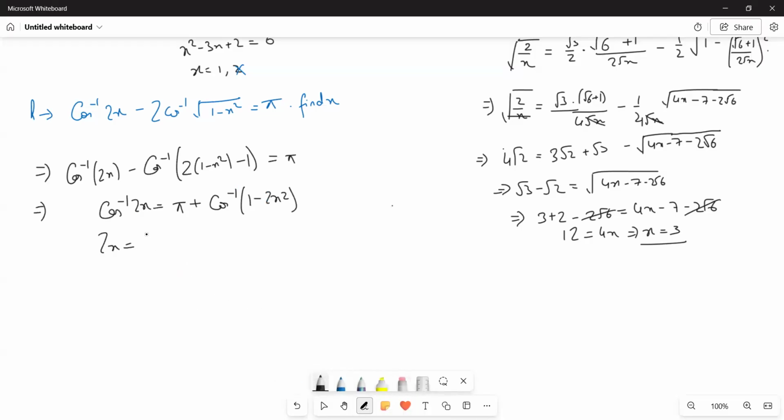So this will end up becoming minus with 2x square minus 1. So 2x square minus 2x minus 1 is equal to 0. Solve for x.